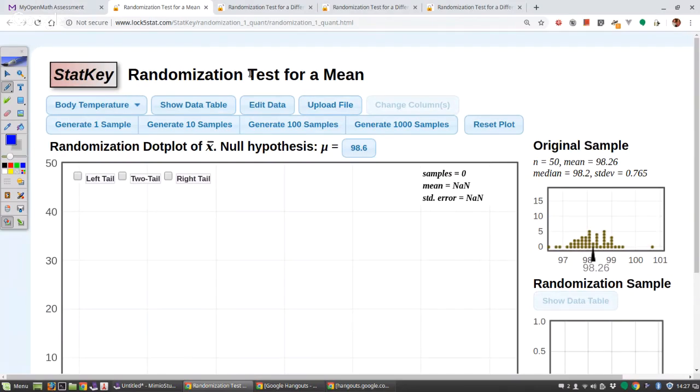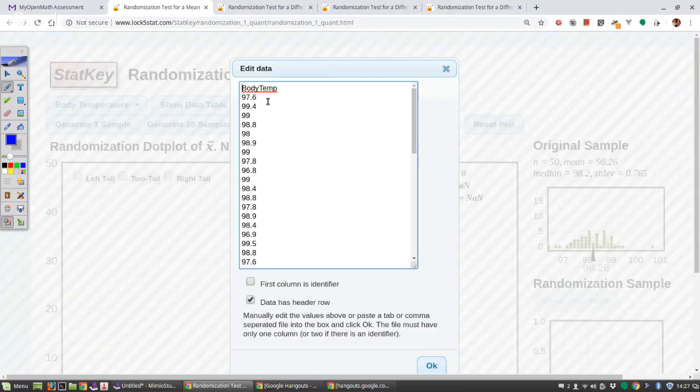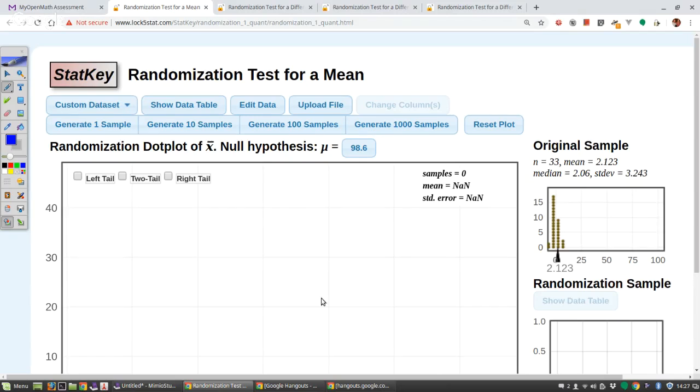And again, I'm on the randomization for a single mean. I'm looking at the mean of a difference, and I would have to edit that data and drop it in here. When I copied it, I didn't copy the header. So I then hit OK. And then it looks at the difference here for me.